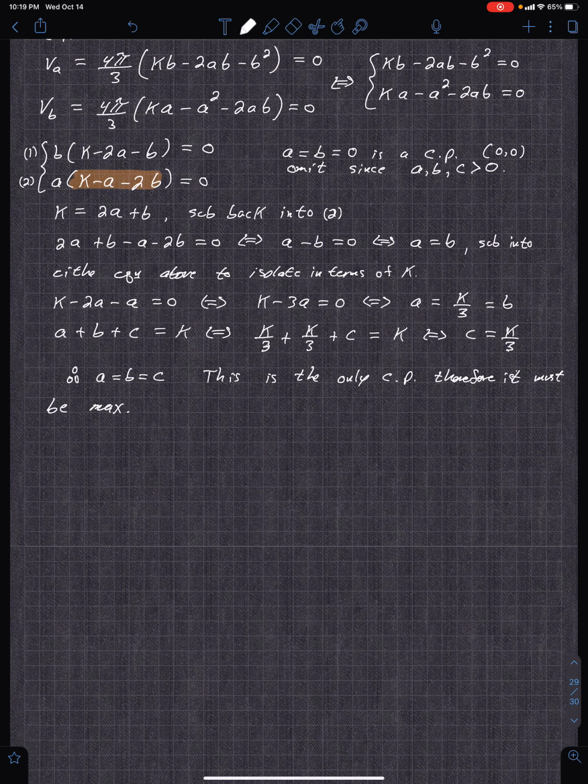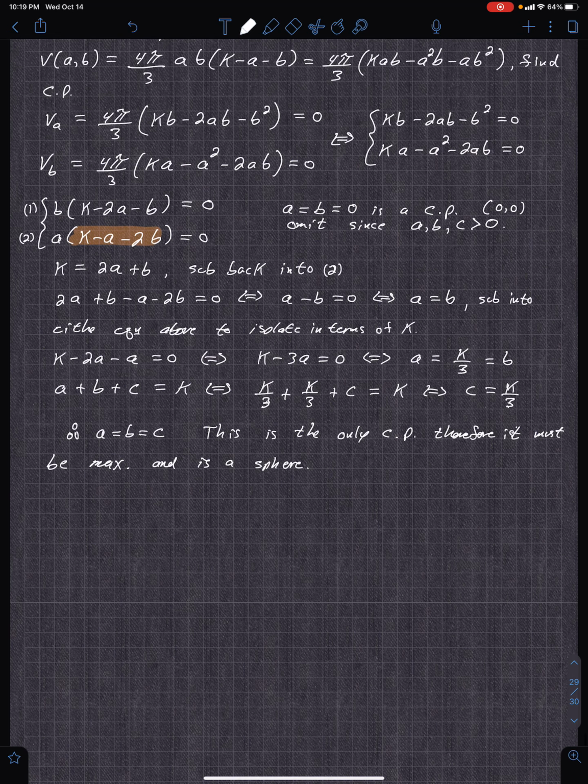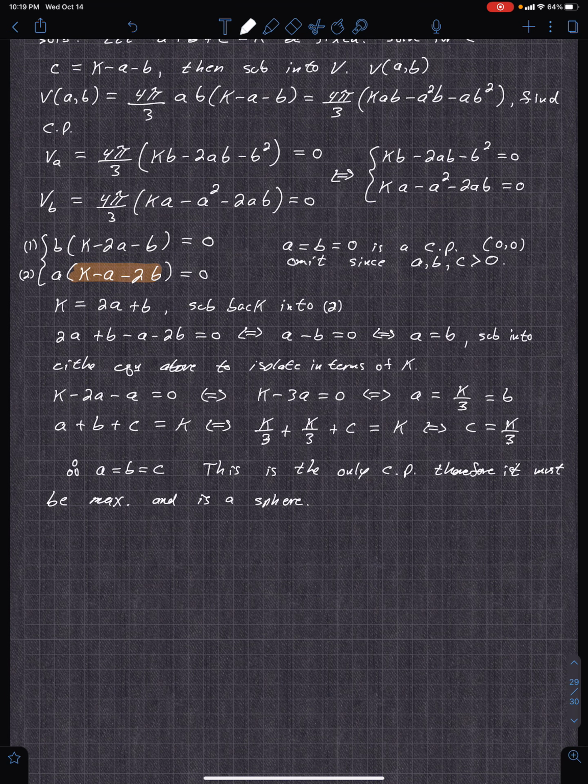So if it's the only critical point, it must be a maximum and is a sphere. So in other words, you're getting one critical point.